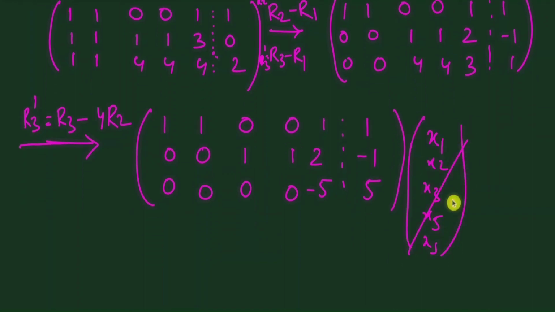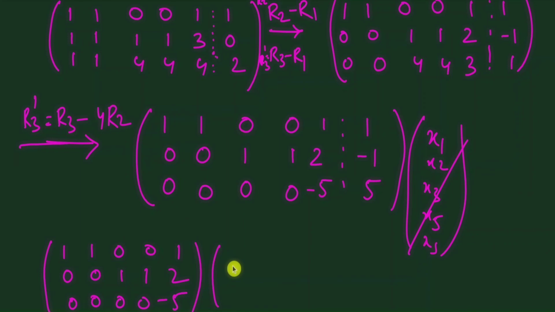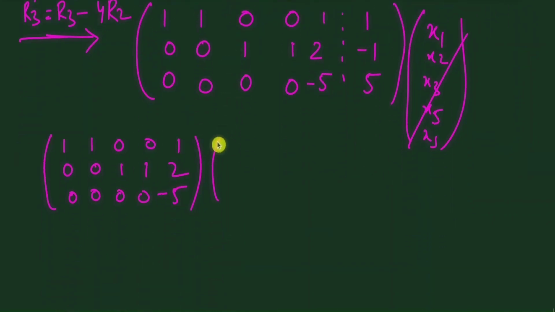If we write it in multiplication form, then we get the coefficient matrix 1 1 0 0 1, 0 0 1 1 2, 0 0 0 0 minus 5, times x1 x2 x3 x4 x5, equal to the augmented column after the elementary row operation: 1, minus 1, 5.